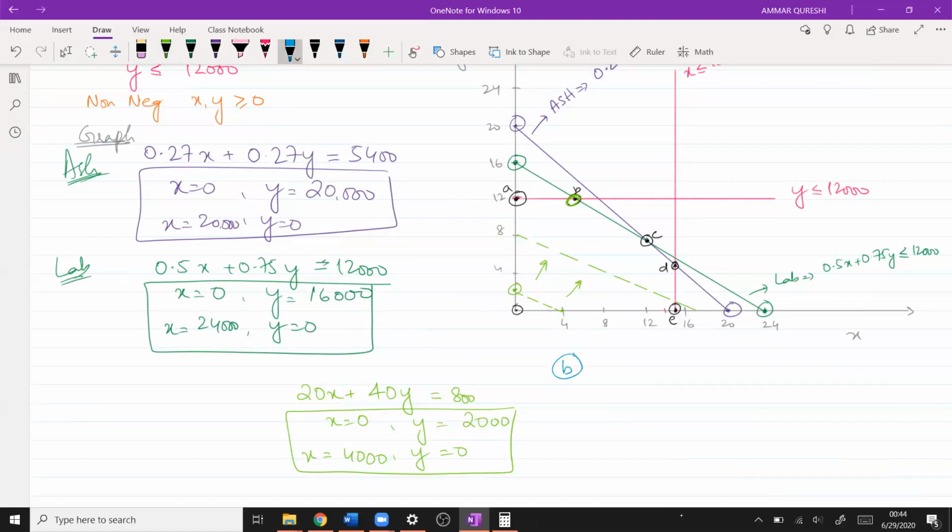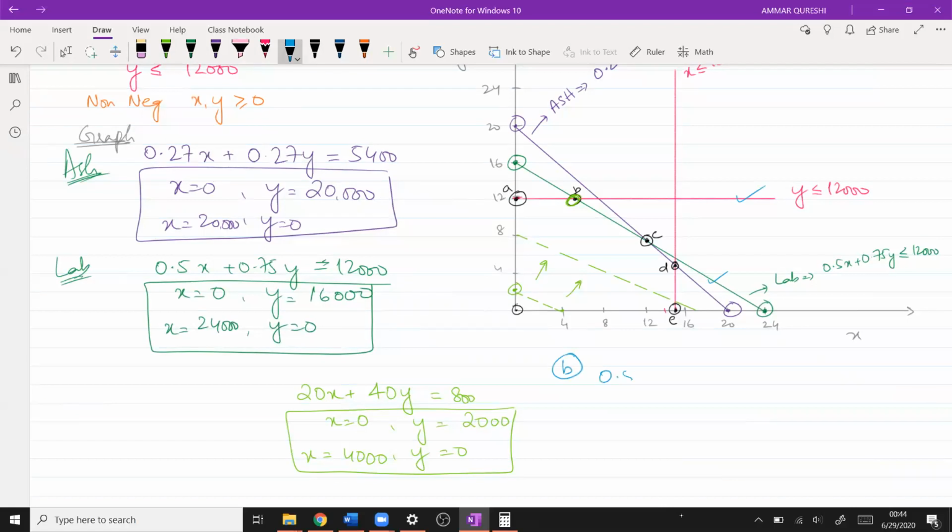So point B is what? If you want to calculate the values at point B, you have to check which lines are actually making B. B is made up of the Y demand function, this line, and this green line, right? The green line is for labor.